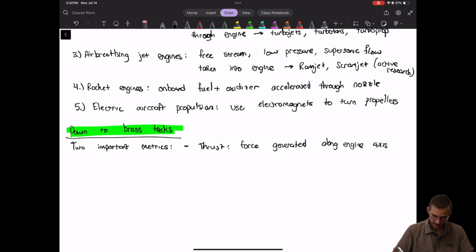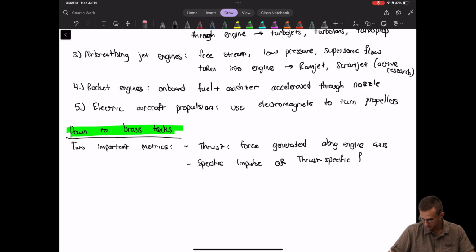And then the other is specific impulse, or what you can call thrust-specific fuel consumption, or TSFC.